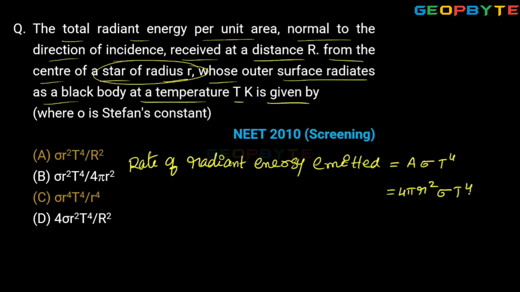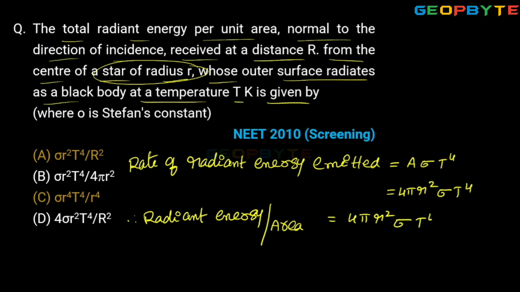It is asking for the total radiant energy per unit area at a distance of capital R. Therefore, radiant energy per unit area at a distance of capital R equals 4 pi r square into sigma into T power 4 divided by 4 pi capital R square.